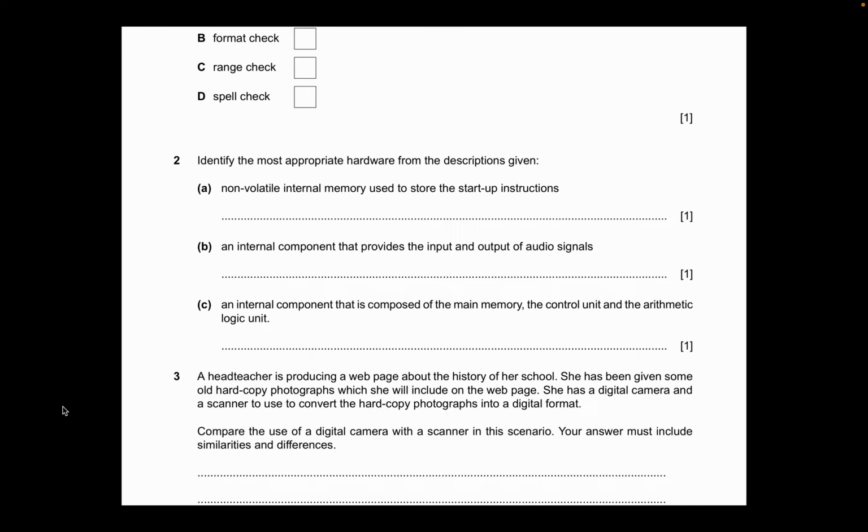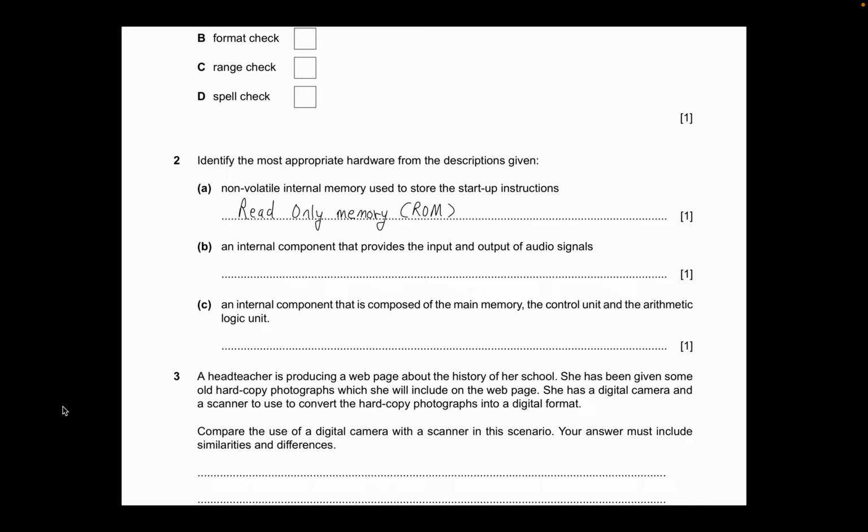Alright, so it's going to be a read-only memory. Read-only memory. Okay, this is a ROM.